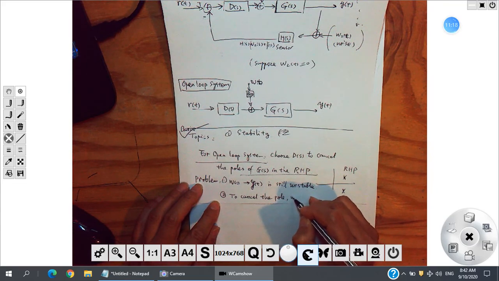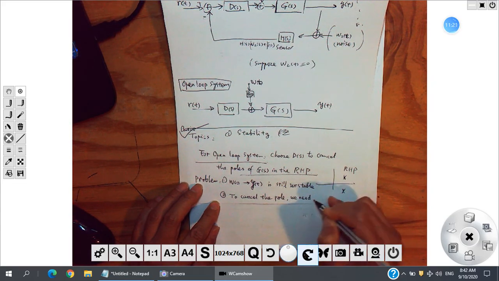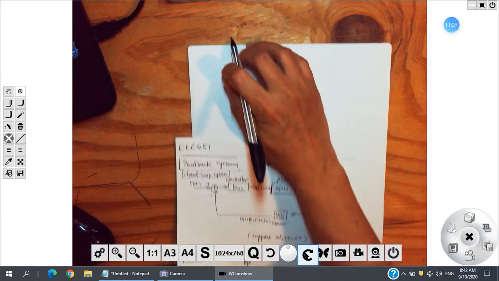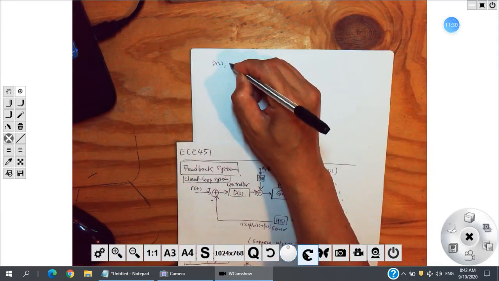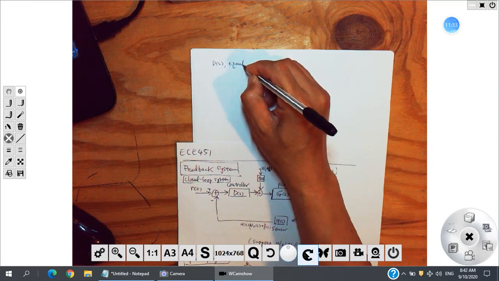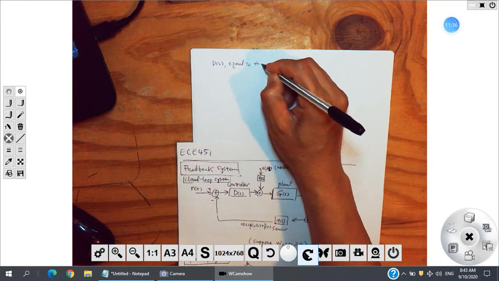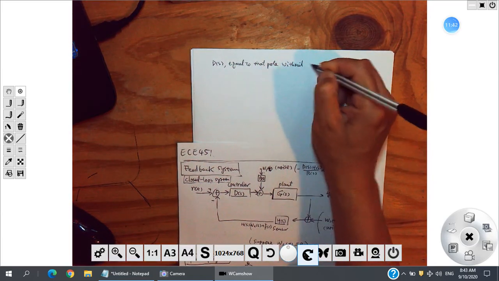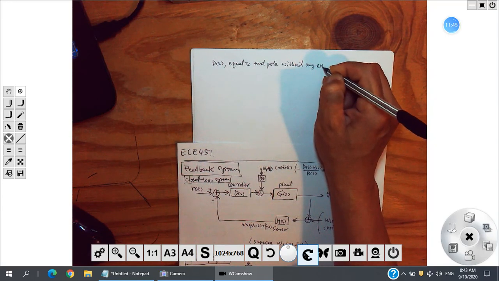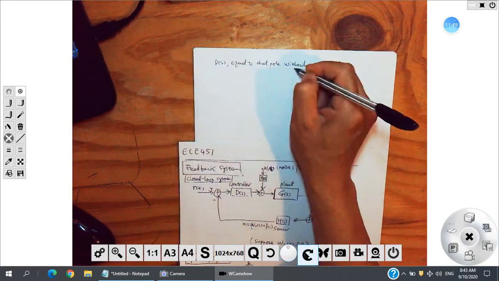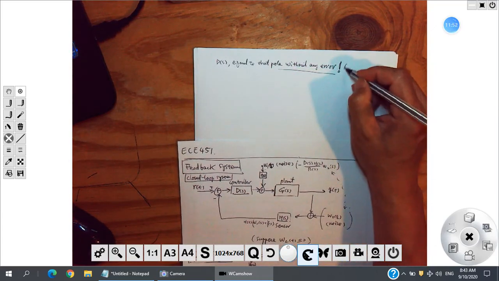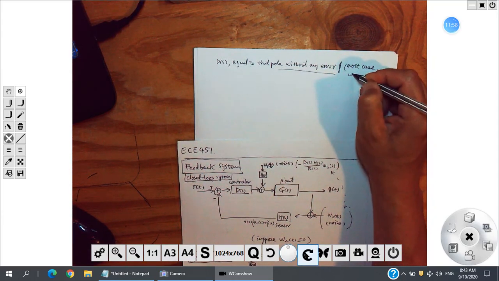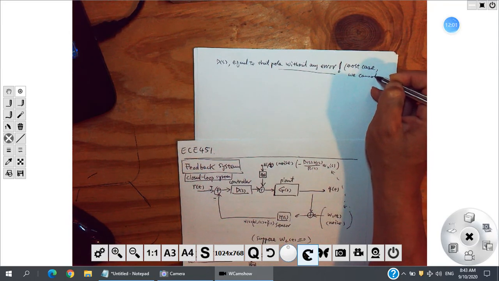We need a zero in D(s) equal to that pole without any error, and in most cases we can't find it.